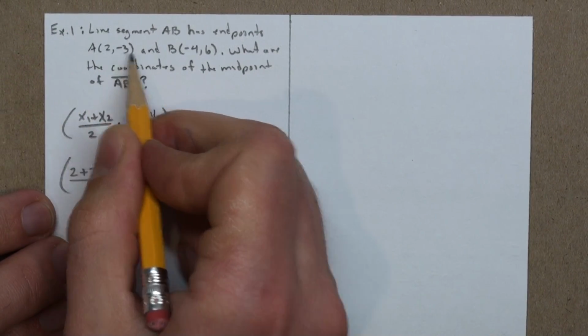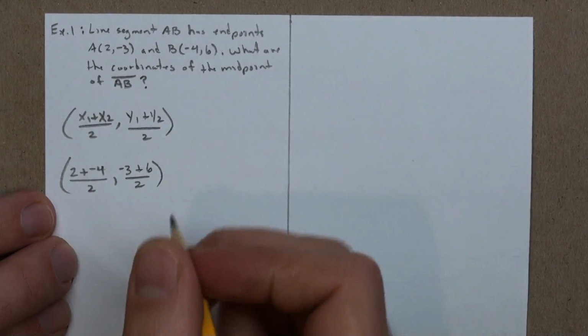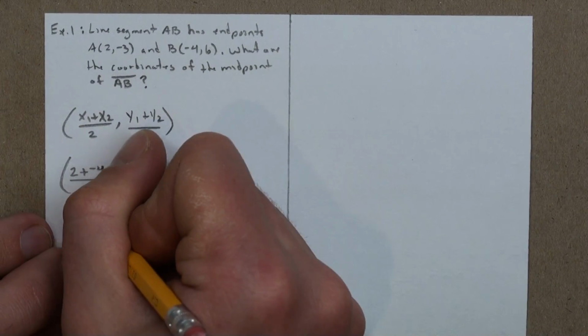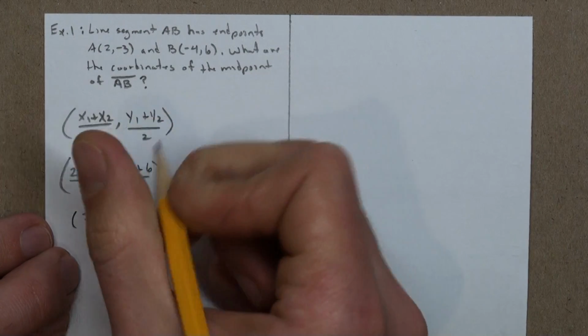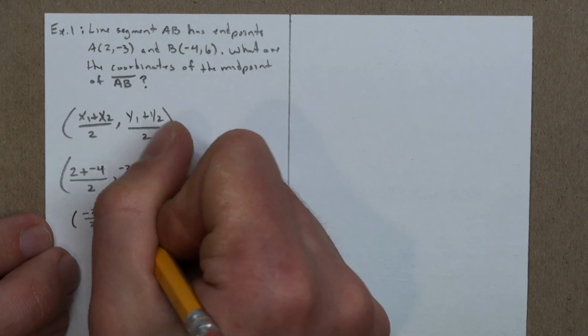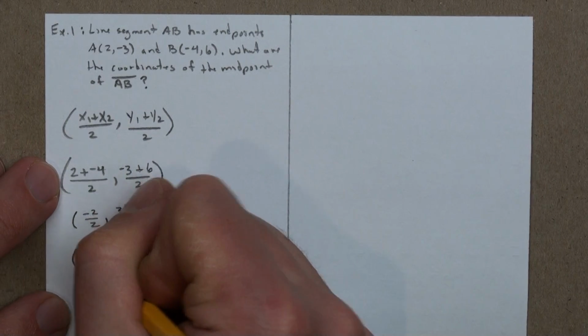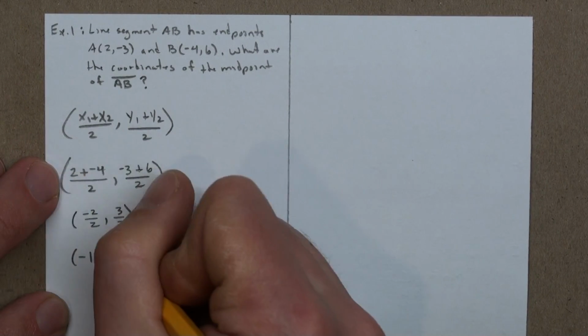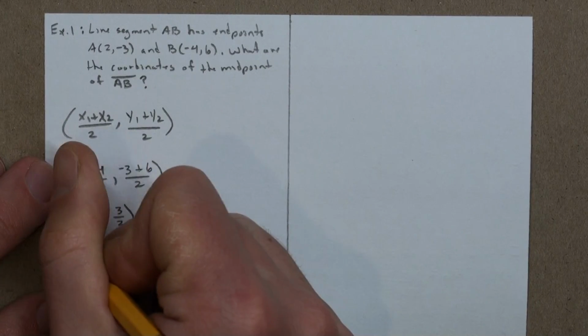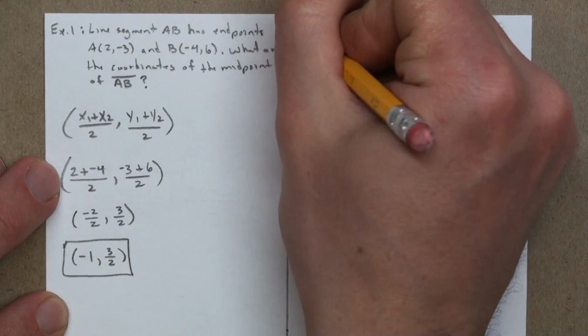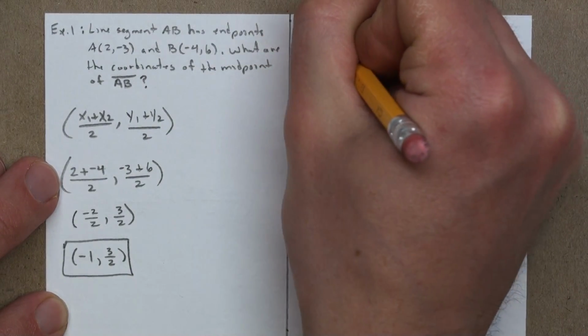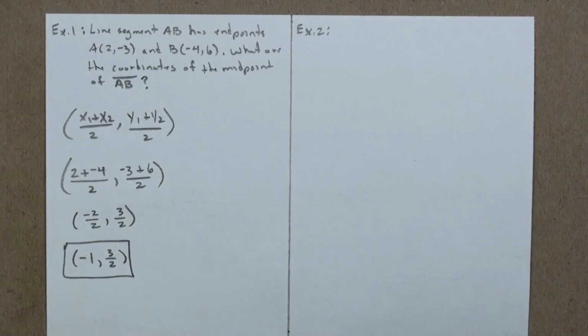That's my x1, y1, x2, y2. So I get -2 over 2, comma, 3 over 2. So I get finally -1, comma, 3 halves. Okay. Now let's look at another example.